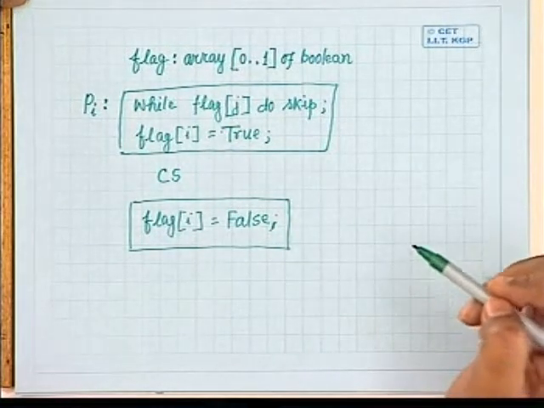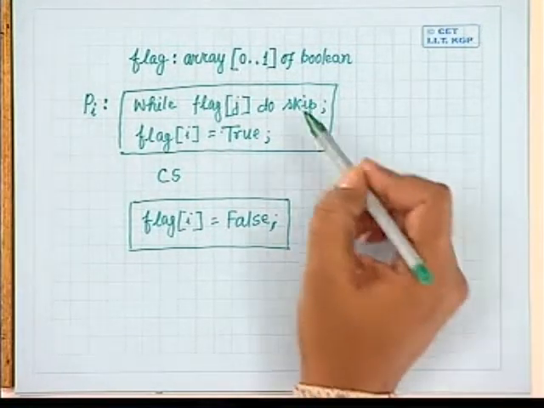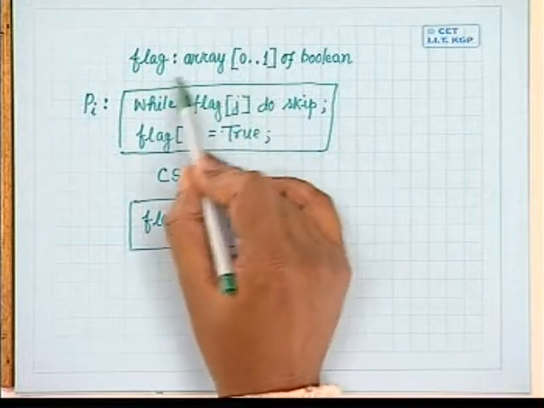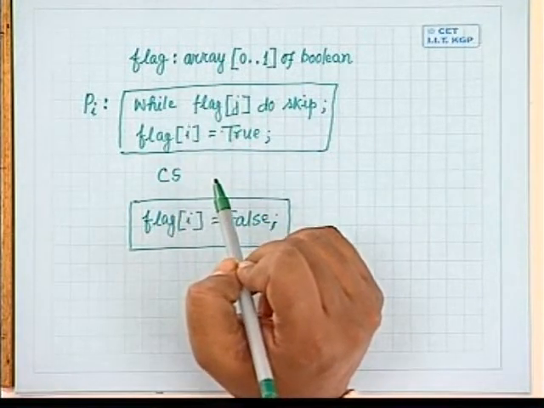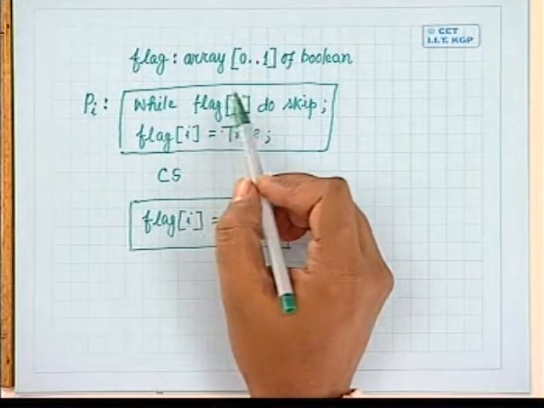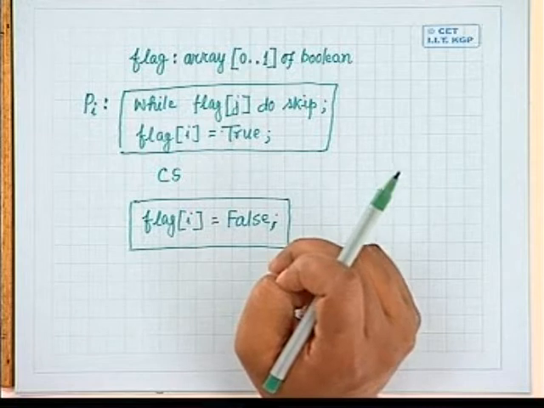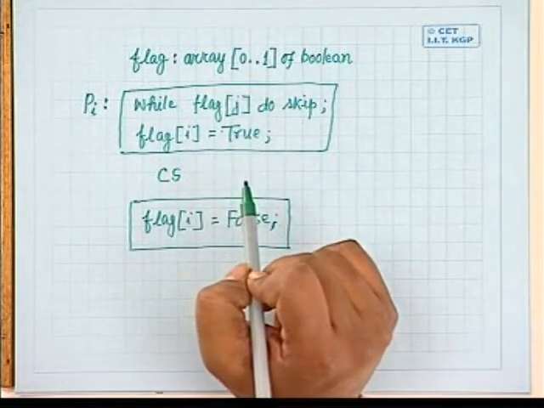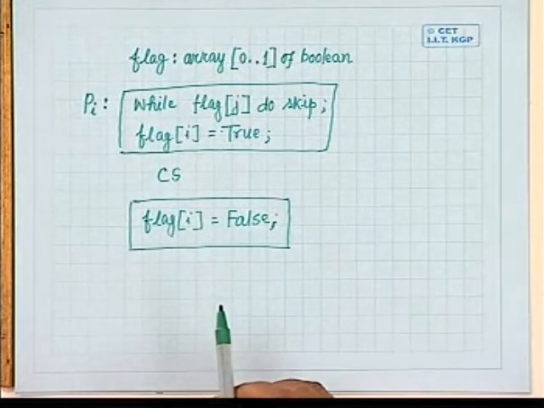Now, if you analyze this, you find that initially both the elements of the array flag are false. So if at any point of time there is no process executing in the critical section, both the elements of flag will be false. That is also ensured in the exit section.